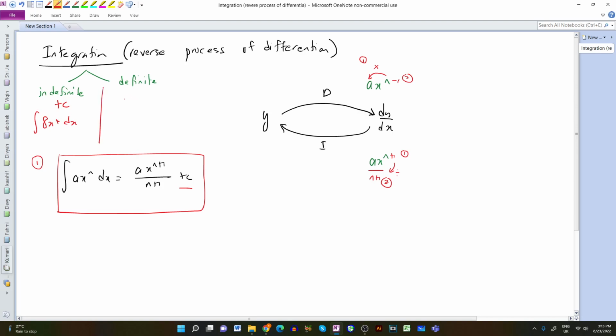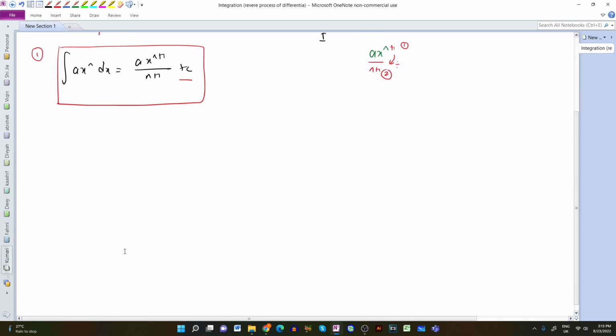For definite integration, the format is almost the same, but there's going to be a number here, and this number is known as the limit, and your answer is going to be an integer or a number. This is the difference between indefinite and definite. We are going to look at indefinite integration first, and only then go for definite.